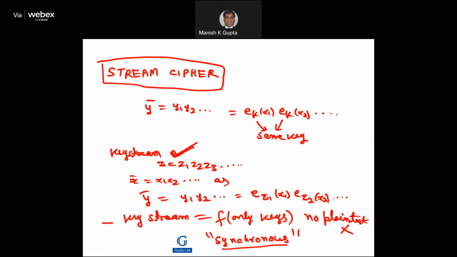Otherwise, in other cases, it is also a function of plain text and ciphertext. So if the key stream is a function of only the key, we call it a synchronous cipher, otherwise an asynchronous cipher, where it is a function not only of keys, but also plain text and ciphertext. Some combination. So that is a key difference.